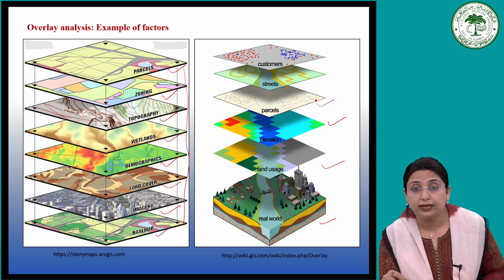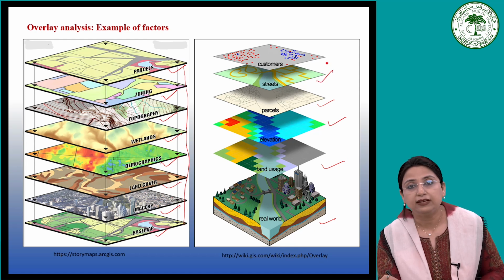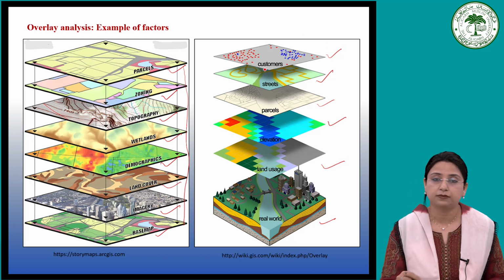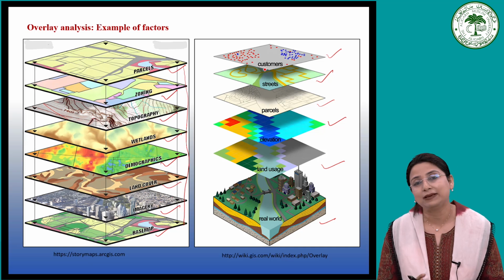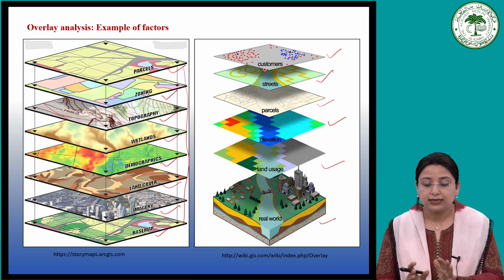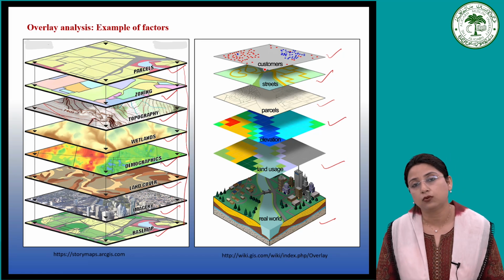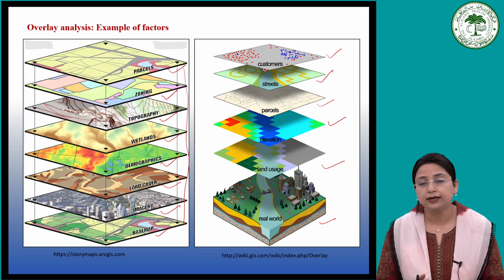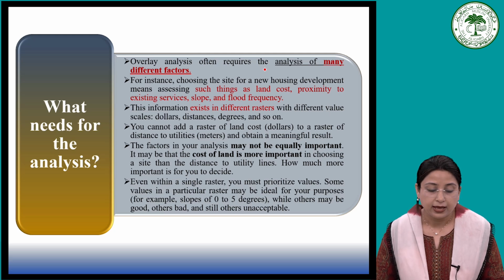Then we can have the input layer for the streets, and finally an input layer of customers, showing how the customers are distributed. So for a particular purpose, on the basis of set criteria, these input layers from different data sets can be combined in order to get information according to the need and the set criteria.